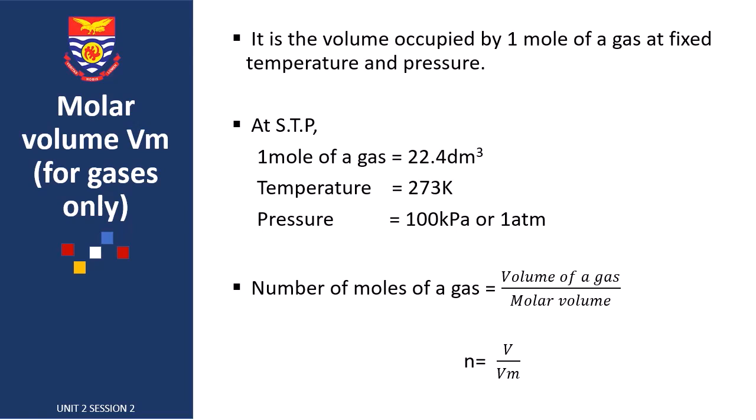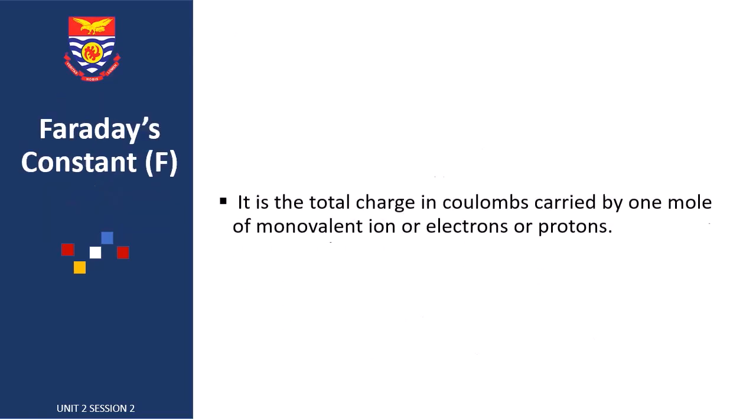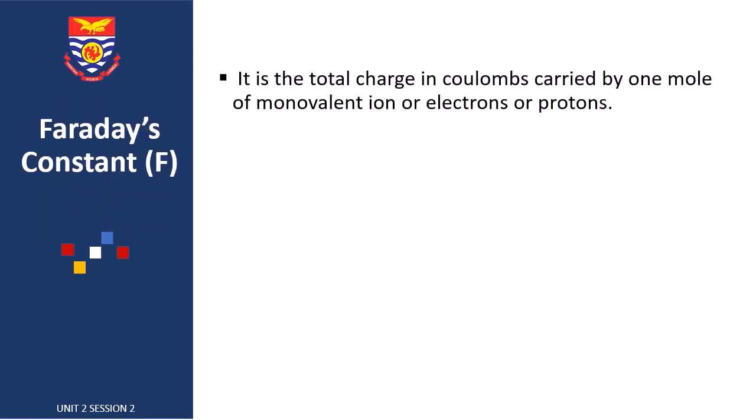The next is Faraday's constant, and with Faraday's constant, we are looking at the total charge in coulombs carried by 1 mole of a monovalent ion or electrons or protons. We know that 1 mole of every substance contains 6.022 times 10 to the power 23 particles.